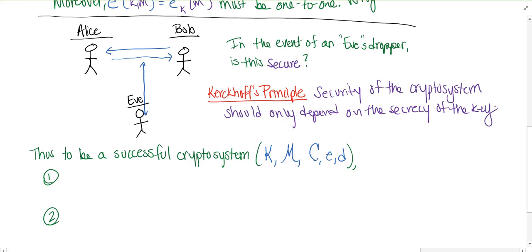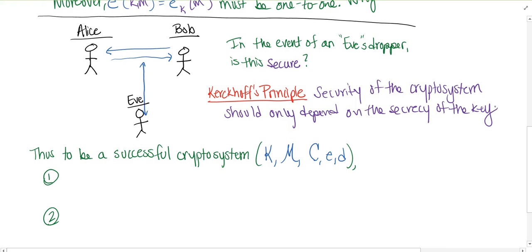Note that when we were talking about the tools available to us, the key space, the message or plain text space, and the ciphertext space, all he's saying is that we should only really care about the key.